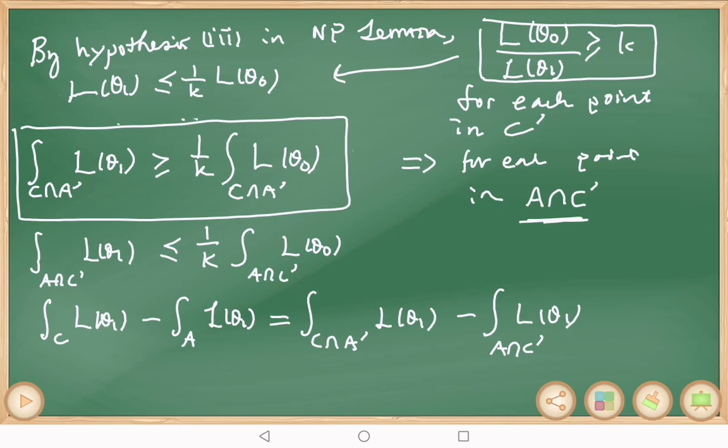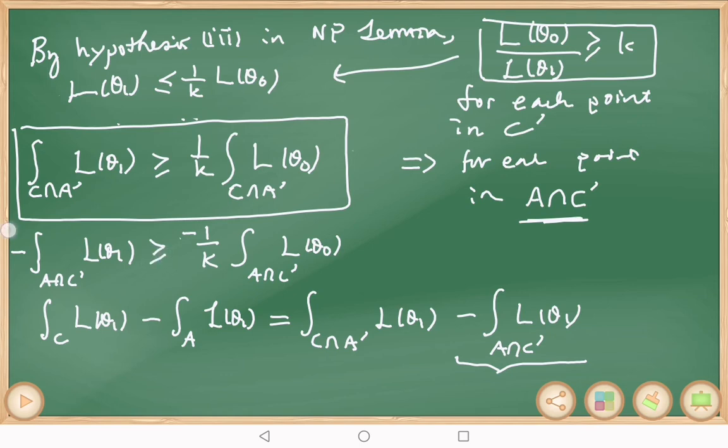But here we want to work with the negative of this integral. So we will multiply both sides by negative. So we'll have negative here, negative here, and therefore the inequality sign will reverse.